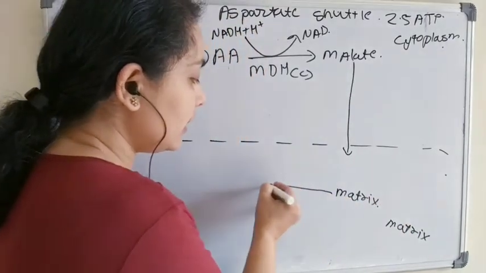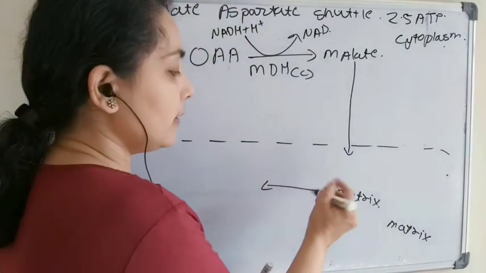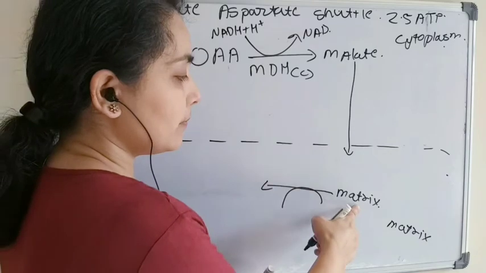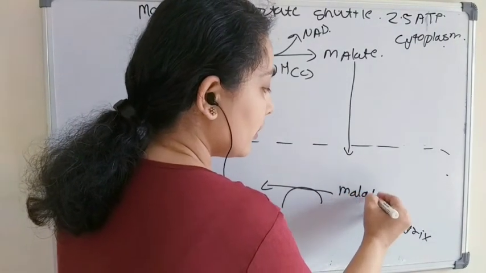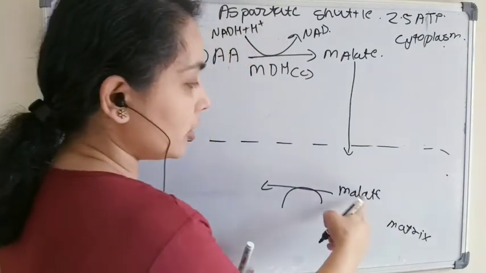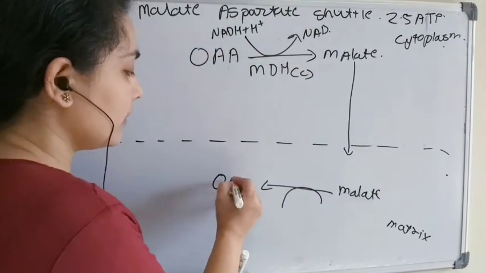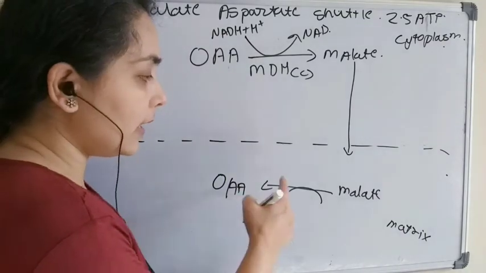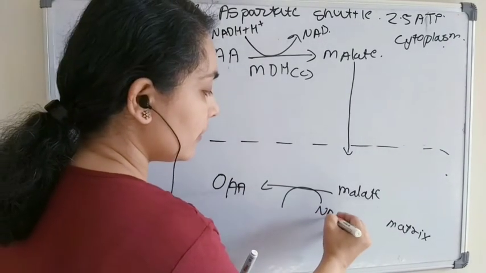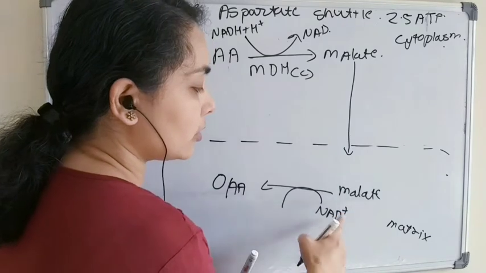Okay, here in the matrix, the malate which is present in the matrix will again convert into oxaloacetic acid, and here it will transfer its electron to NAD.